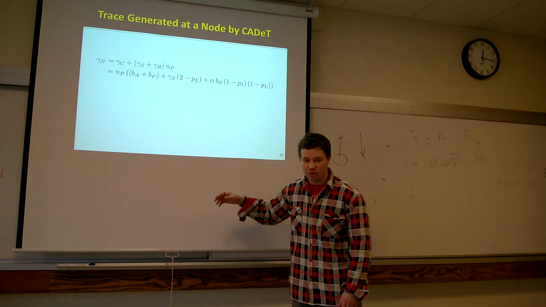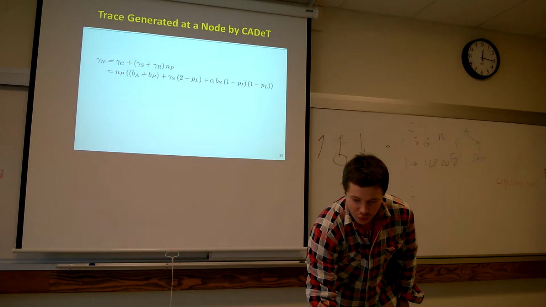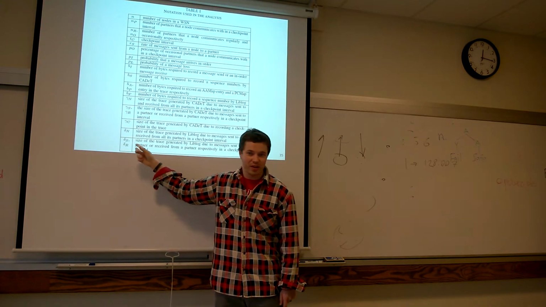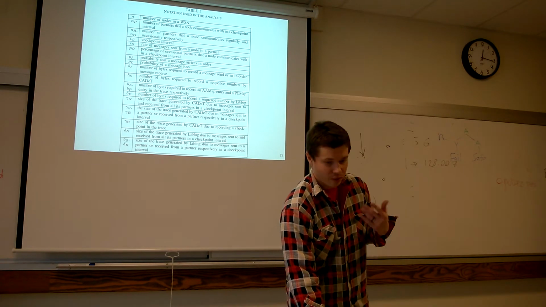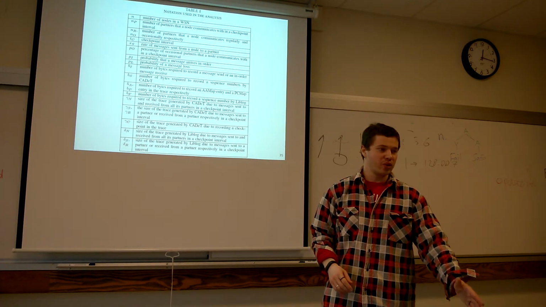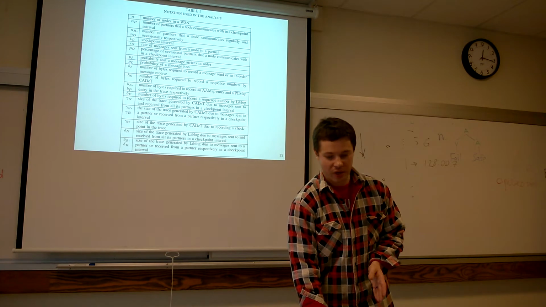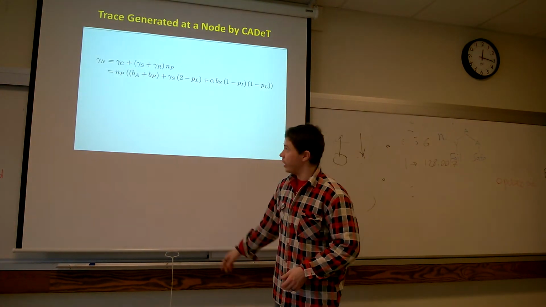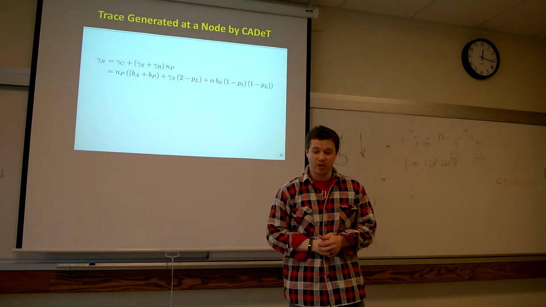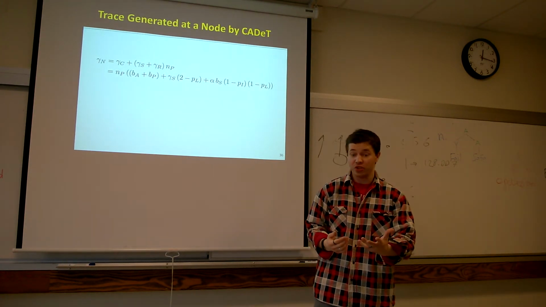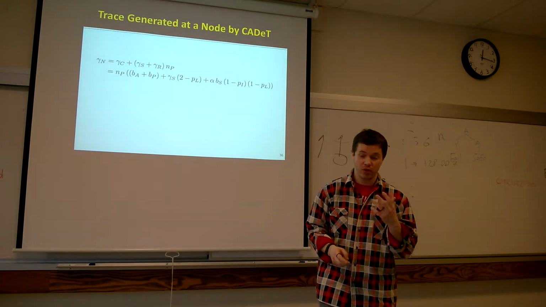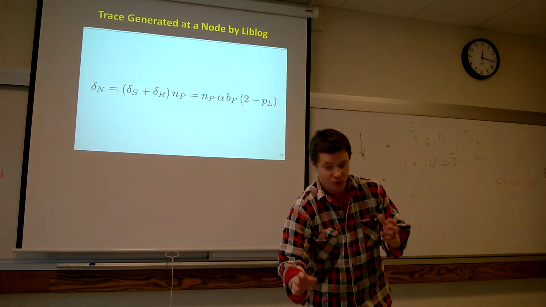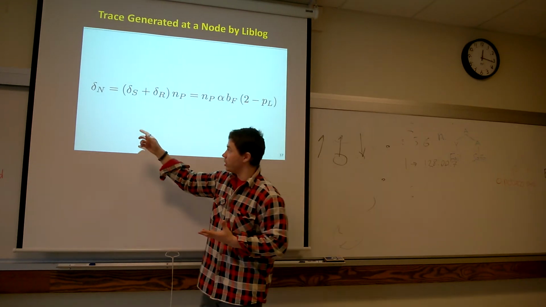All you need to know is that if you put actual values instead of these Greek and Latin letters, actual numbers for how often you send messages, how big the messages are, what your losses are, you would be able to calculate gamma n, which is the amount of trace generated by a single node using CADET. And then you do a similar thing and get the amount of traces.